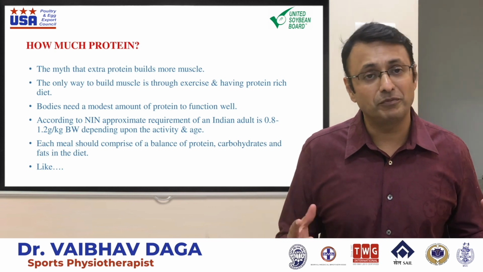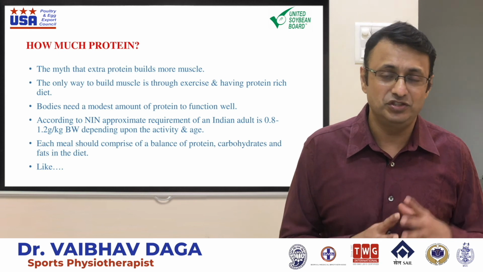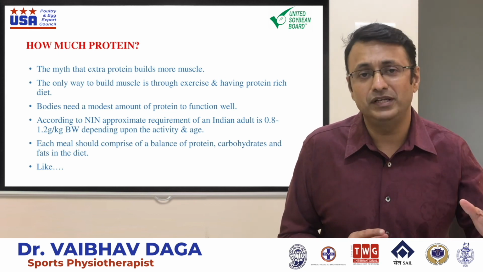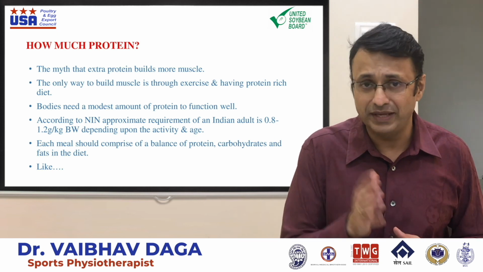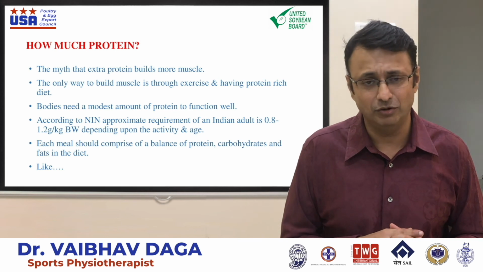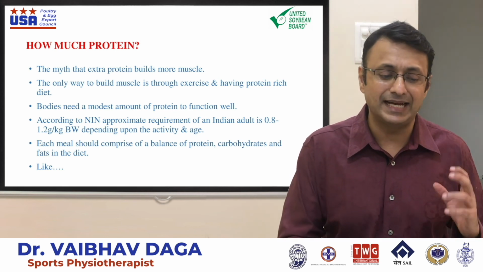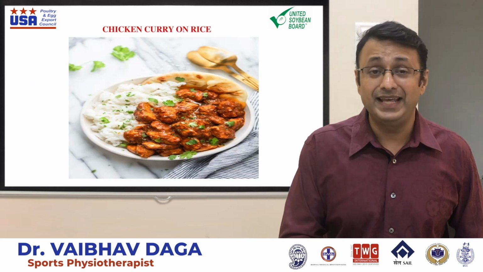Each meal should comprise a balance of protein, carbohydrates and fats. So just don't go behind protein, or carbs, or fats, as there are different diets in vogue at the moment. But a well balanced diet will always help you lead a very healthy lifestyle.